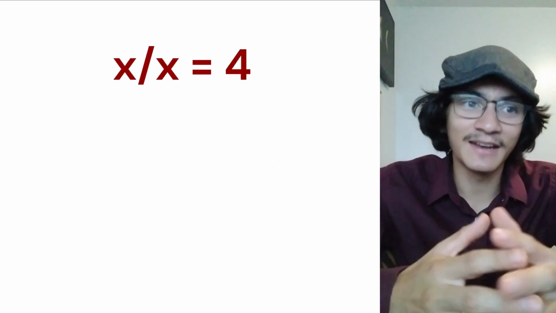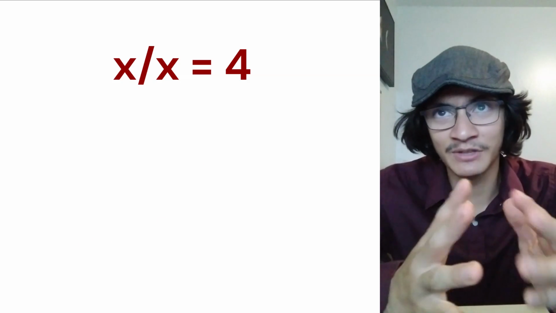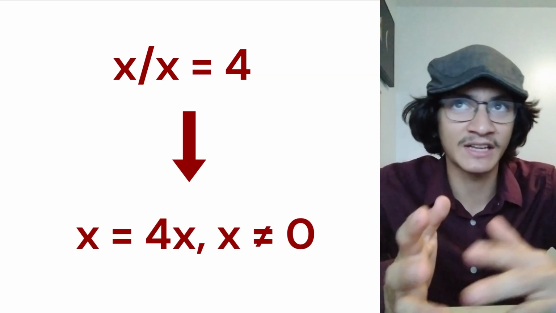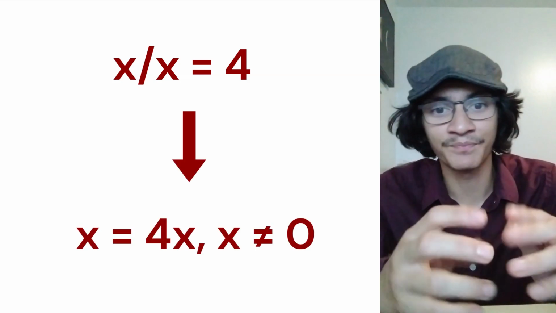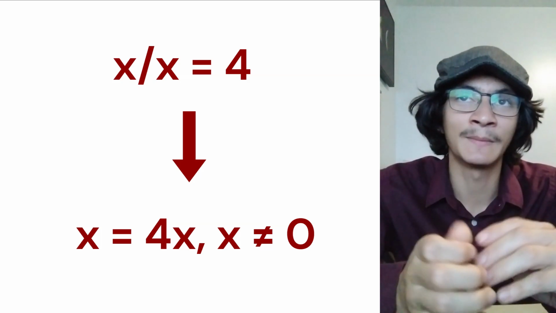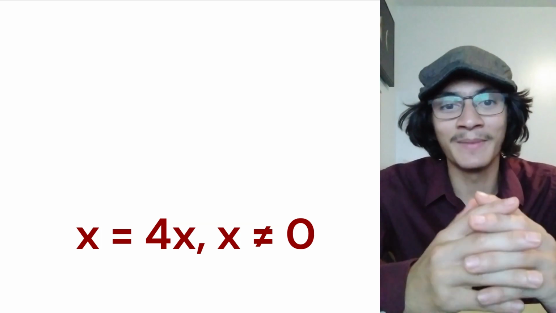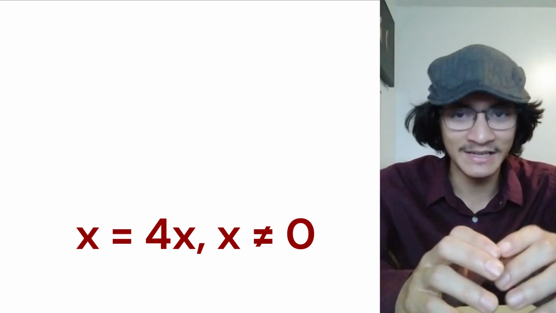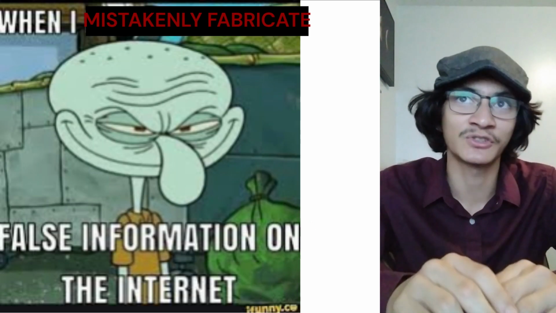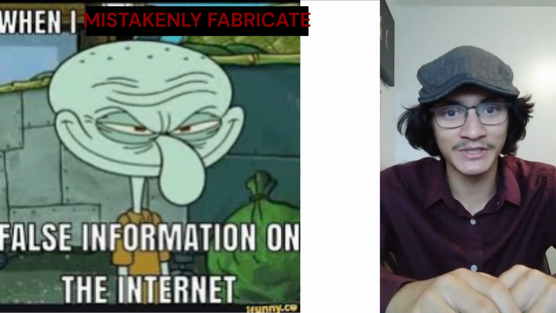So we can include that information using a special notation, turning x over x equals 4 into x equals 4x, comma, x cannot be 0. Writing this domain error alongside the equation means that no additional information was created and no information was destroyed.